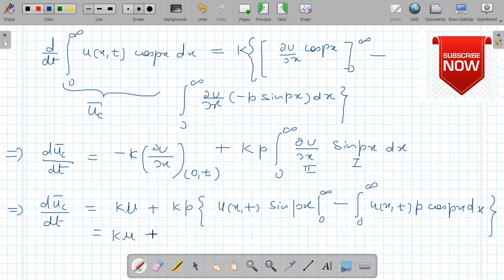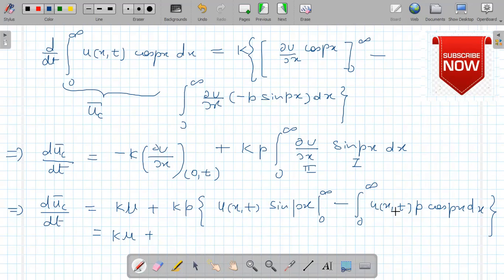K mu plus, at upper limit this will be 0, because we suppose that as x approaches infinity u approaches 0. Okay, and at lower limit this will be automatically 0.